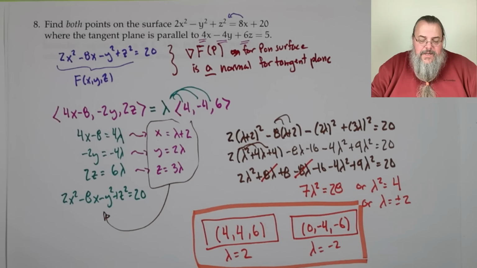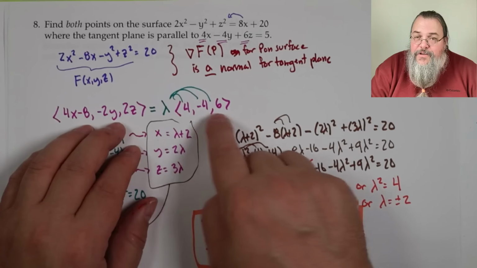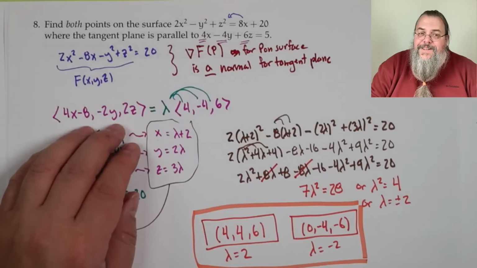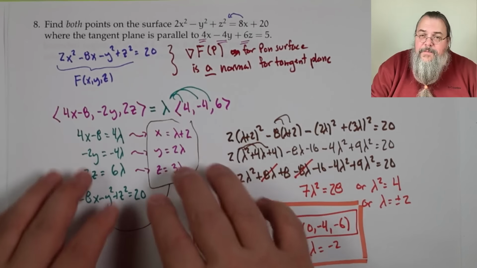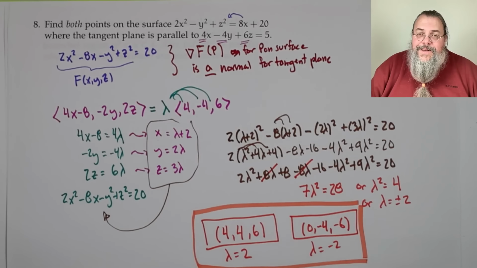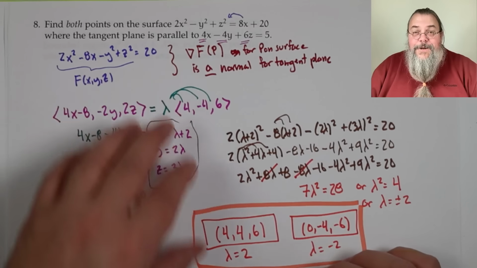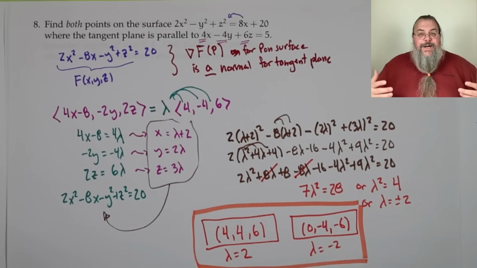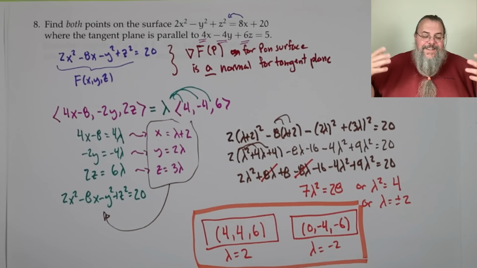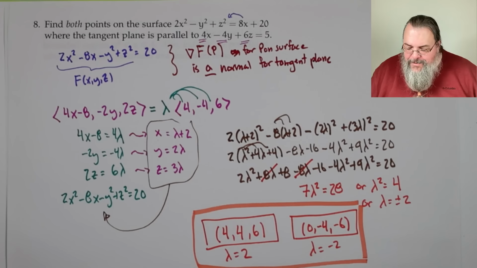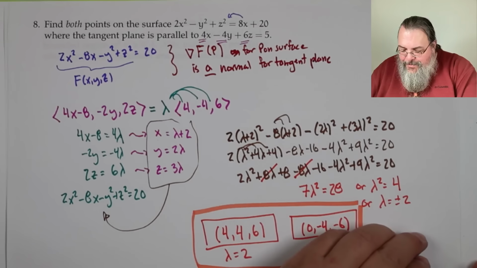Oh, it just means that our gradient has to be some multiple of that normal. We say, okay, that gives us some equations, and now let's solve. And by the way, these equations are going to feel really familiar after we do the next couple of problems. That's all right. These are good ideas. We use them over and over and over.